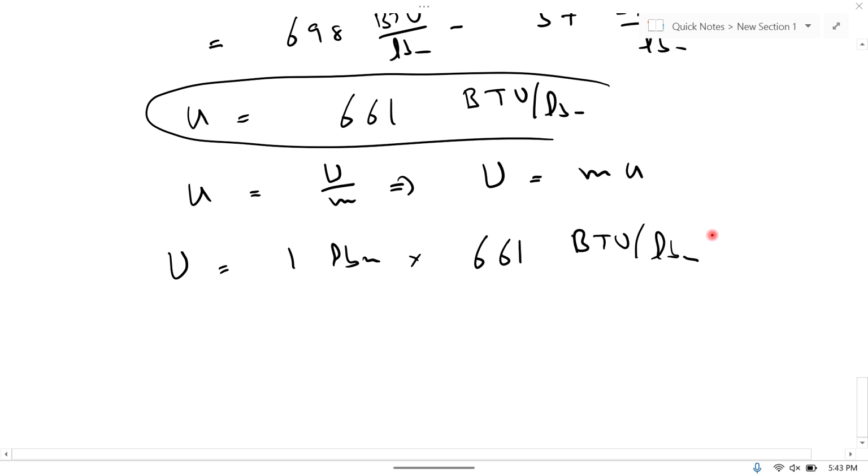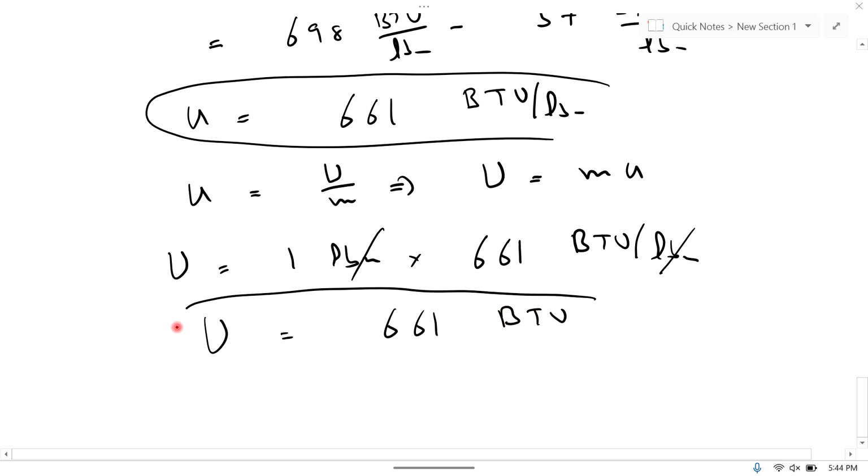So pound mass will be cancelled with pound mass, and this will be equal to 661 BTU. So we found total enthalpy, which is 698 BTU, and total internal energy, which is 661 BTU, and the problem is completed.